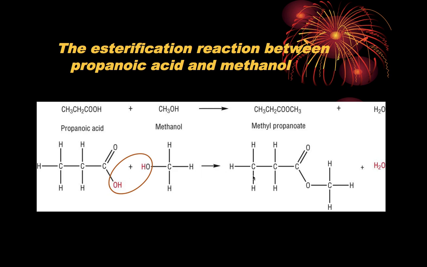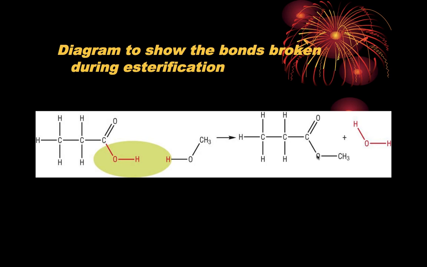You have to identify the alcohol group. This is the alcohol group. It's usually the smaller group. It goes out first, one carbon, so it's methyl, and then this was propanoic acid, so we just change it for the ester -oate on the end, so this becomes methyl propanoate.